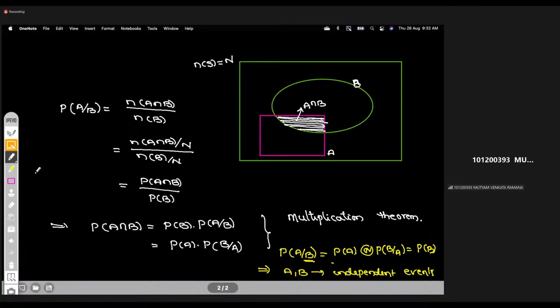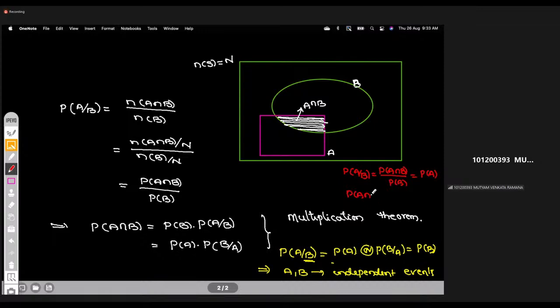So in this case, what will we be getting? In this case, probability of A intersection B is equal to probability of A given B times probability of B, and probability of A given B is equal to probability of A. So what happened?